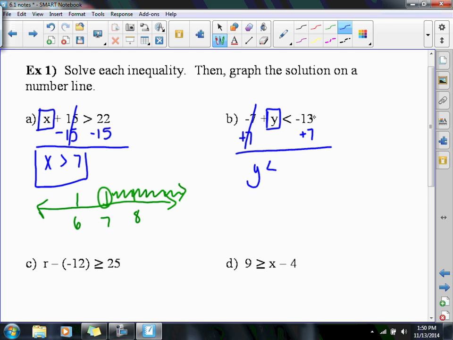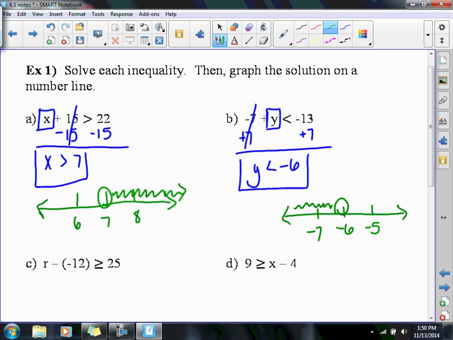So y is less than, and negative 13 plus 7 is going to be negative 6. There's my solution. To put that on a number line, I need the negative 6, and then one number to the right and one number to the left. Since it's a less than, I'm just going to do an open circle, and I'm going to shade everything to the left because I want all the stuff less than negative 6.